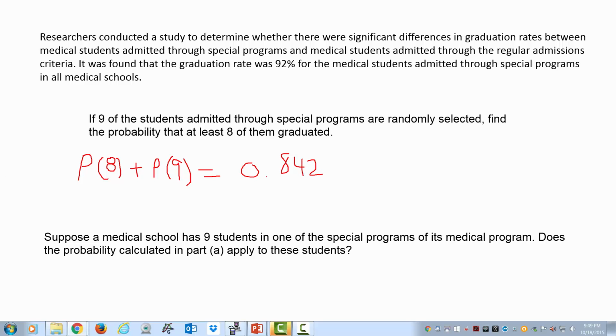You would think that the probabilities, because one, you're talking about another school, and so the students that are admitted through a single special program at a specific medical school is certainly not a random sample. So you definitely would think that this probability does not apply to those other students.